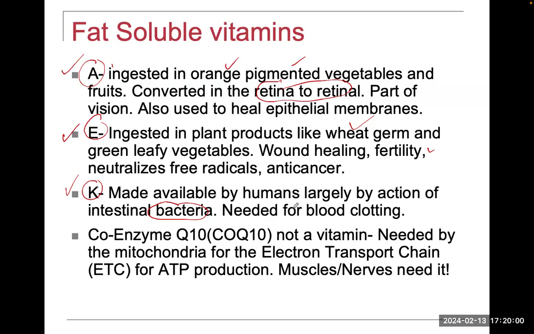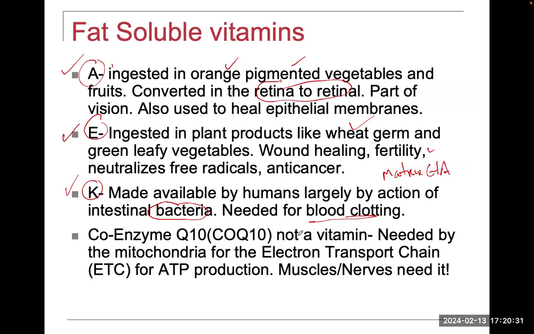When they're born, the intestines are sterile, so the baby doesn't have the ability to make vitamin K. It's not until the baby breastfeeds that there's some bacterial generation in the gut, where now the baby can make vitamin K. Vitamin K is also needed for blood clotting and to drive calcium into the bones because of matrix GLA protein, which drives calcium into the bone.